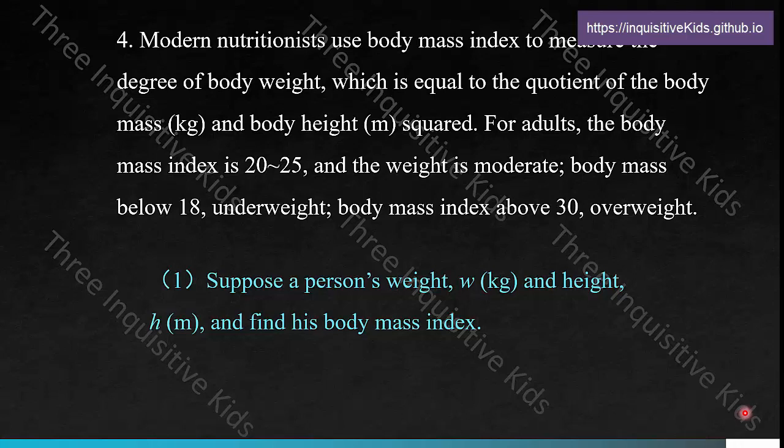Now, the problem is, suppose a person's weight is W kilograms and height is H meters. Then you have to find his body mass index. Using the information given in this problem, and you might have to highlight it, pause the video, and then help him find his body mass index.